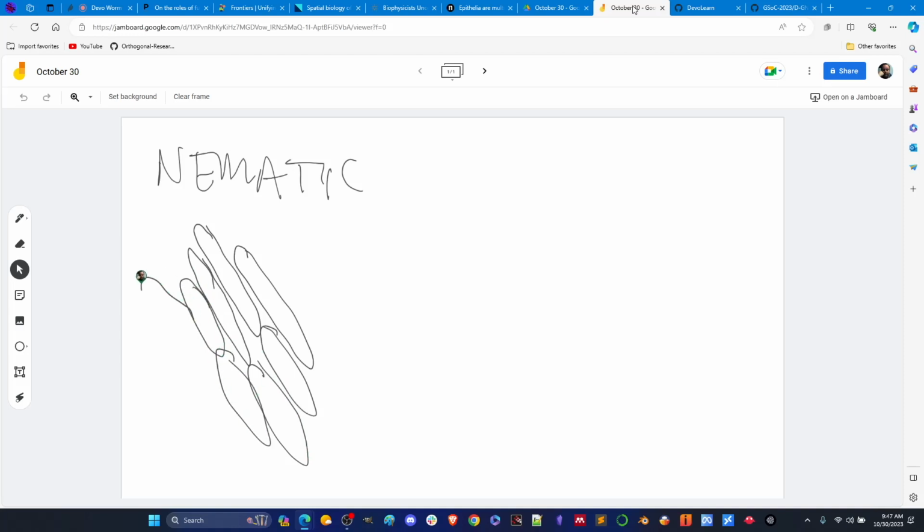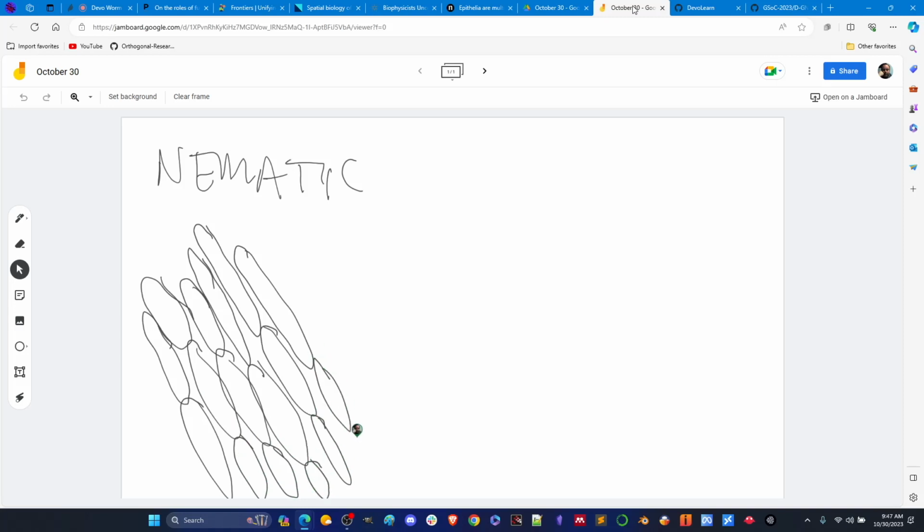And this is nematic twofold symmetry I'm drawing. So you have these long, thin cells that look like bars that are kind of in a sheet. And they're packed densely here, so they're in a stable state. They're in a static state. And this is twofold symmetry.